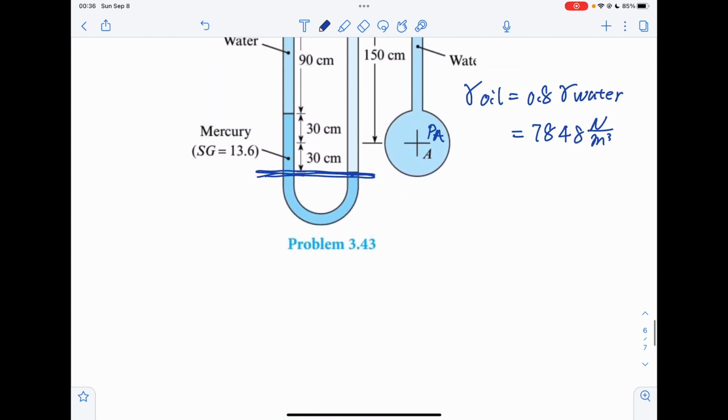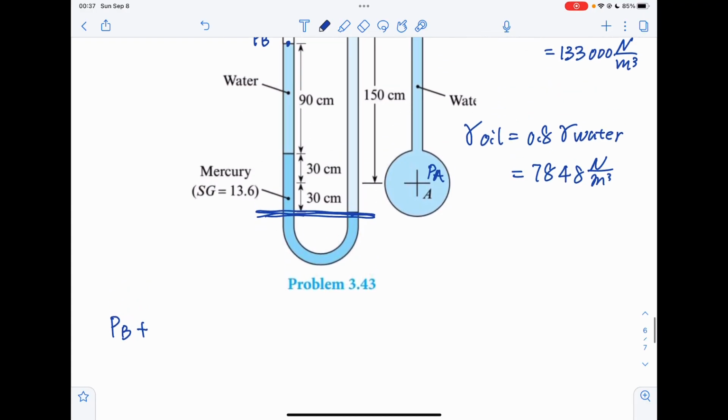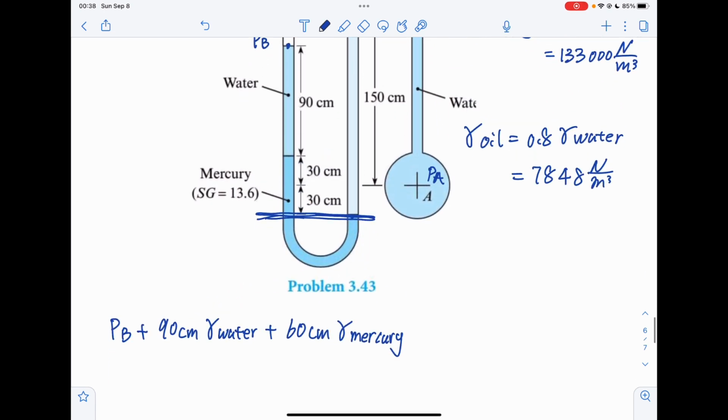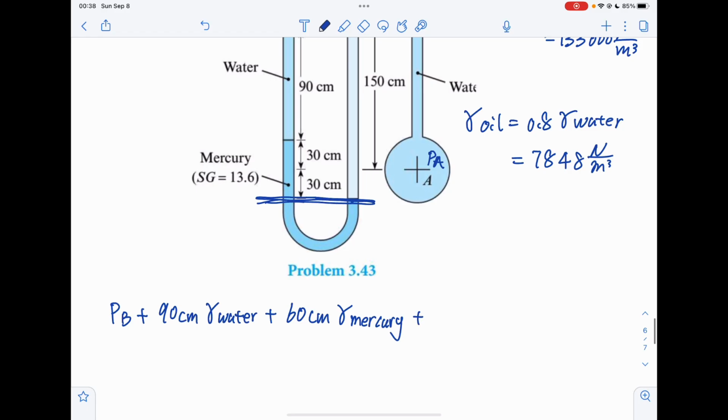So PB plus 90 centimeters of gamma water plus 60 centimeters of gamma mercury. We have another 30 centimeters, but that was in oil.